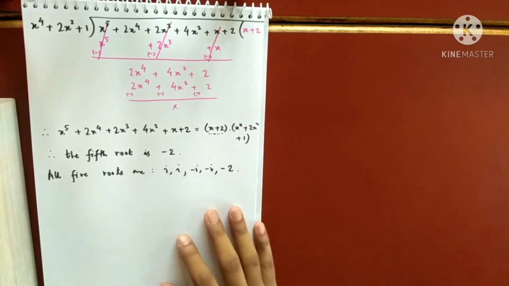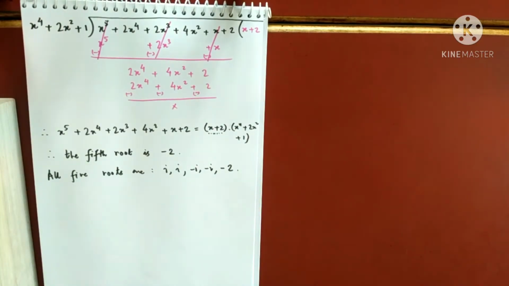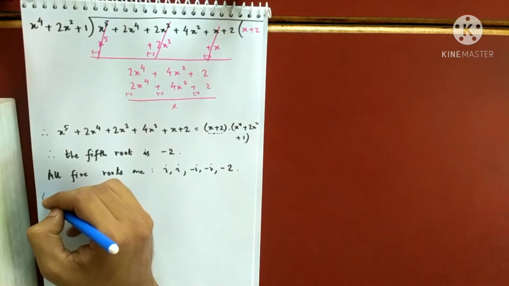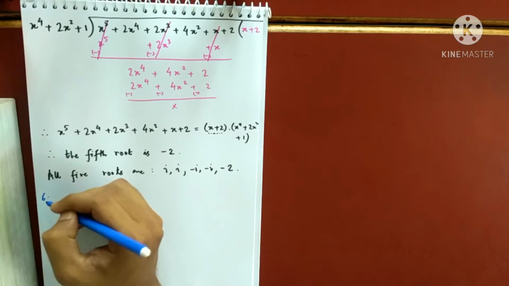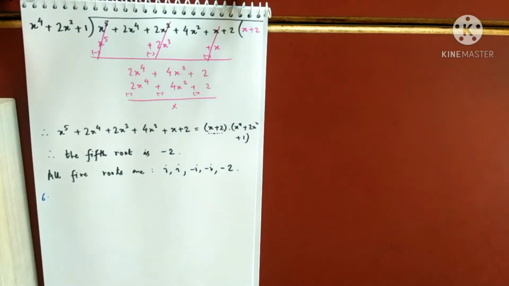So let me do 2 more questions from the multiple root part. This I am taking from the exercise. This is number 6 from the exercise, S K Mapa, page number 208.